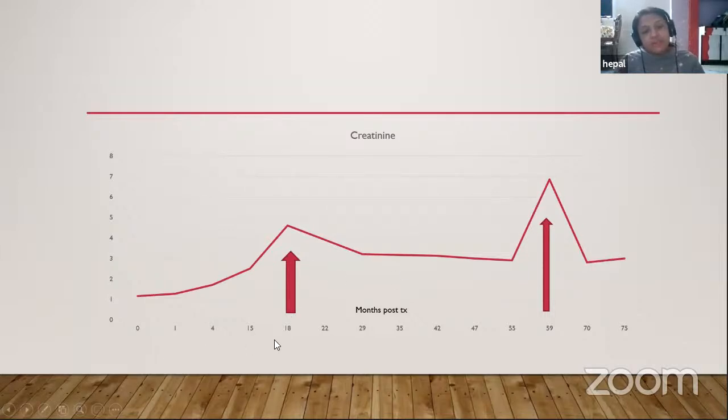So about 15 to 18 months post-transplant, the creatinine was creeping up, but then suddenly shot up to 4.5 from her slow rising trend.